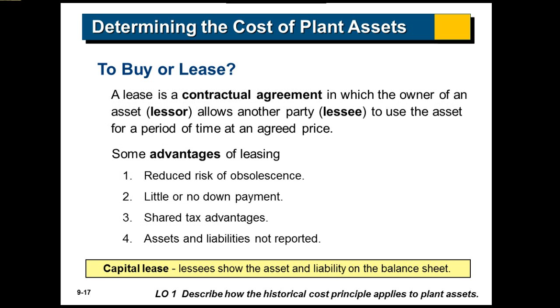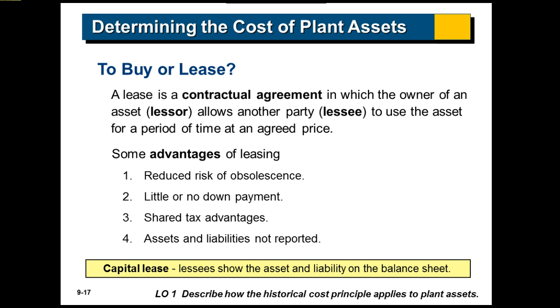Now, a lot of people hear about leasing versus purchasing assets. What's better? The lease is an agreement where the owner lets you, the lessee, use the asset at a certain price. So we know that you can lease an apartment.